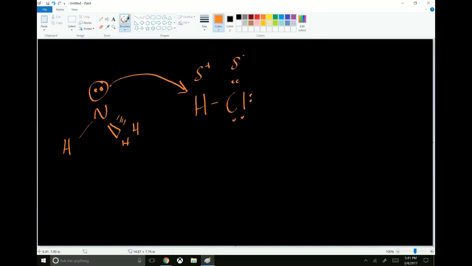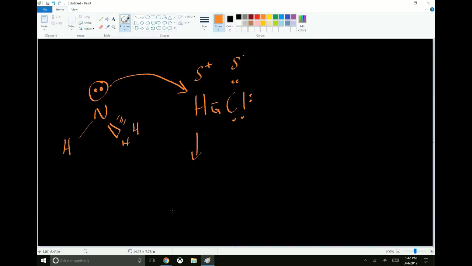So this partial positive is sort of attractive to the very, very negative charge of the electrons over on ammonia. So the electron pair attacks the hydrogen, or to put it another way, the ammonia donates the electron pair. The hydrogen over here accepts the electron pair. This bond is broken, sending those electrons over to the chlorine.